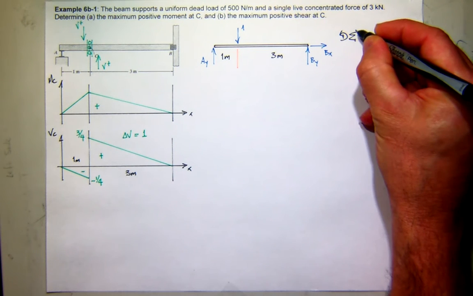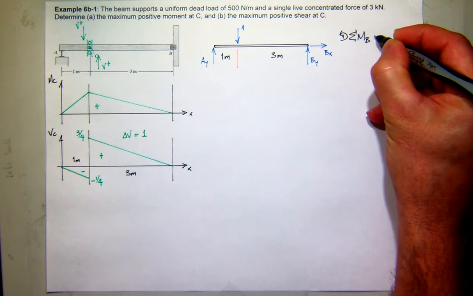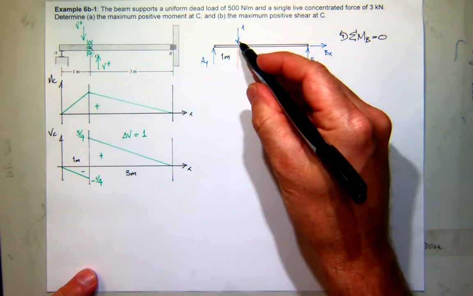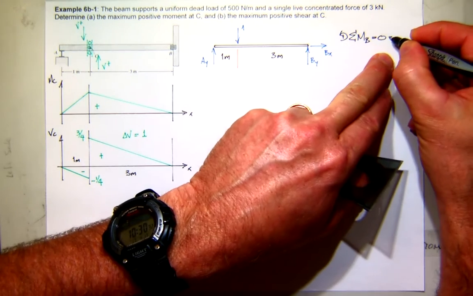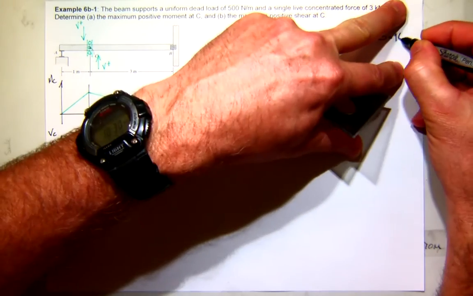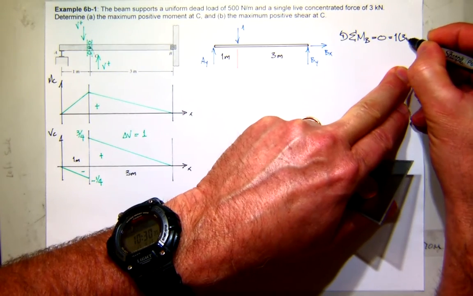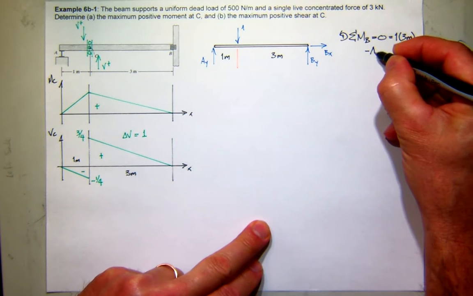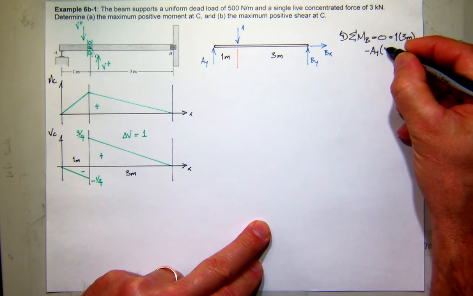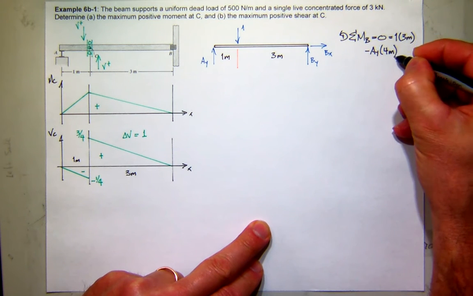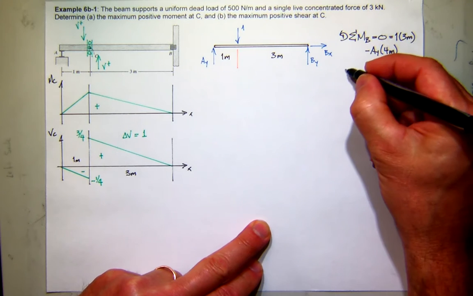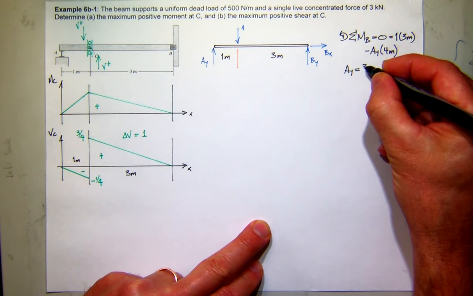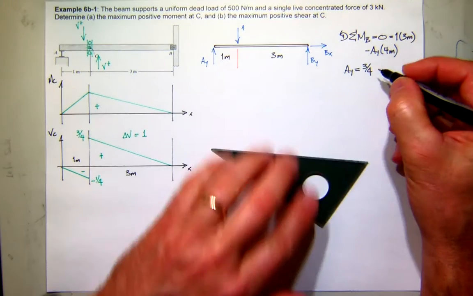So if I sum moments about B, set it equal to 0, then I'll have the moment created by the load 1 with a moment arm of 3 meters, and then AY creating a negative moment with a moment arm of 4 meters. So it looks like AY is going to be 3/4.